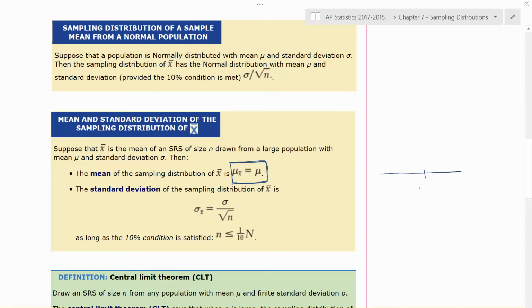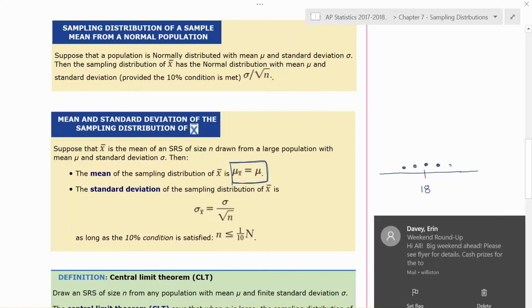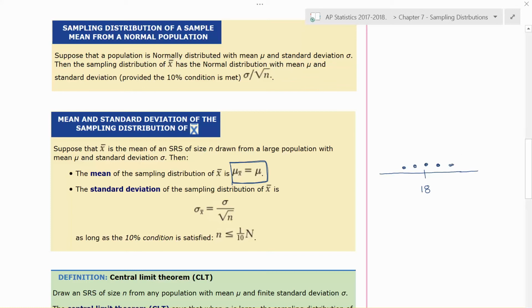So if the true mean age of a penny, for example, is say 18, and then we take samples, those sample means will be centered around the true mean. And if the sample size is large enough, they will follow a normal model.